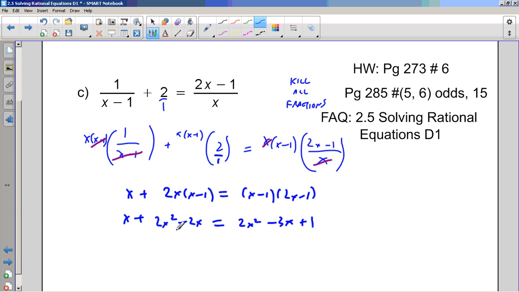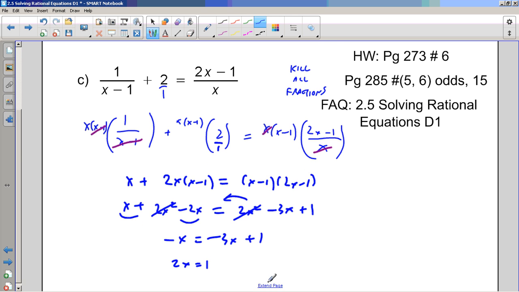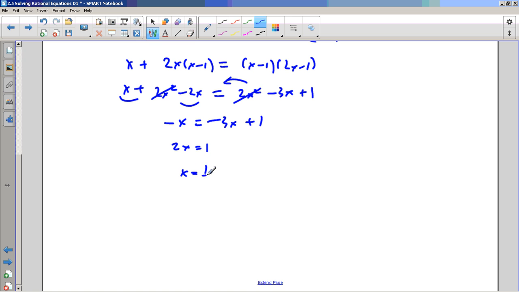And actually what happens here, look, when I put everything on one side, I get the 2x squareds canceling out. See that? Collect like terms. That's negative x. Add 3x to both sides is 2x equals 1. And I finally get the solution x equals a half. Dandy.